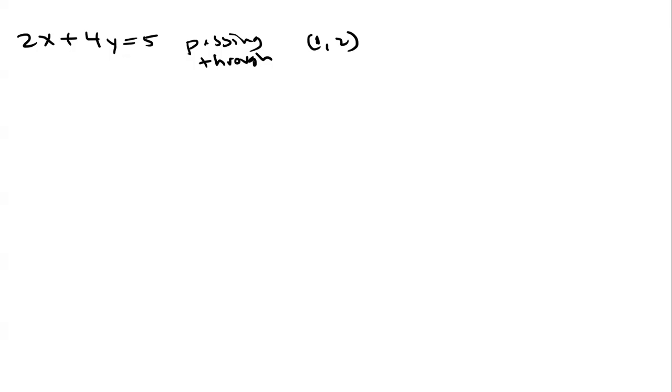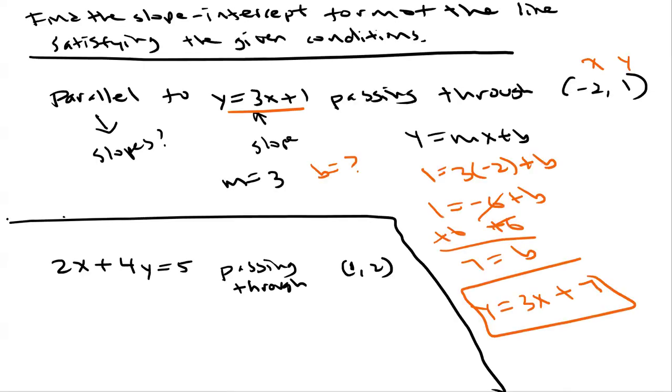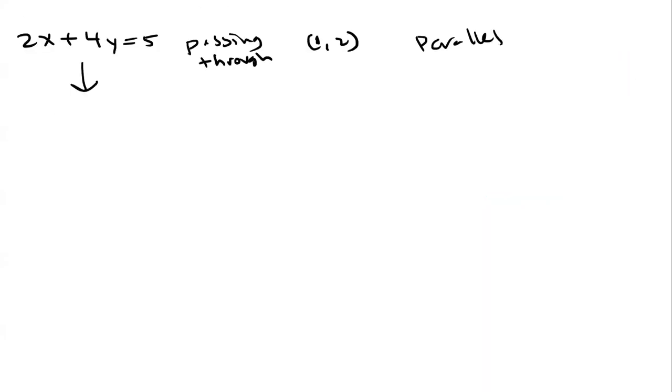First, we need to write this in slope-intercept form, so we need to solve this for y. Again, this is talking about parallel. It's the exact same question as the previous one, but with a different line.